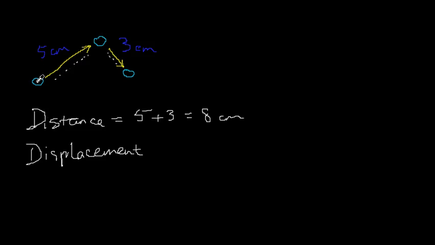Now, if you go back to the start and look straight at the final position of the ball relative to the starting position, I can draw an arrow going from the start straight to the final position, and that logically is the resultant displacement.